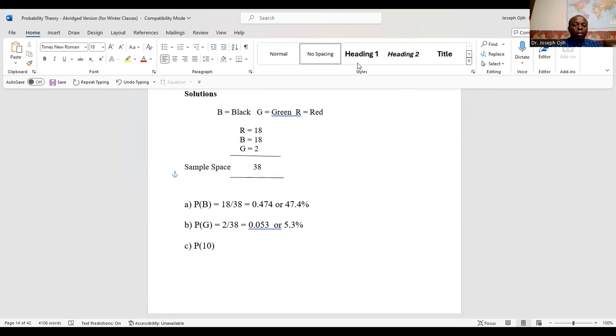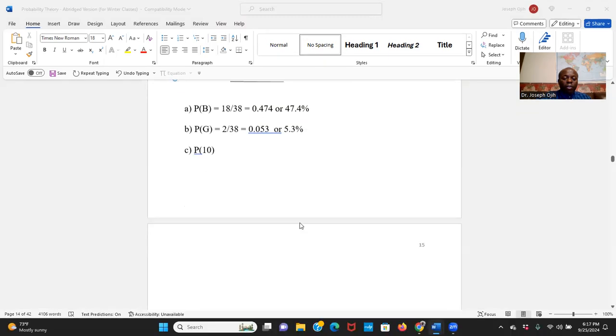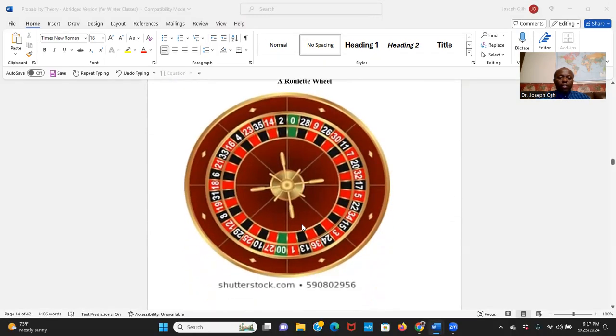In that case, you scroll down and see how many slots have the number 10 written on it. Look at the roulette wheel.